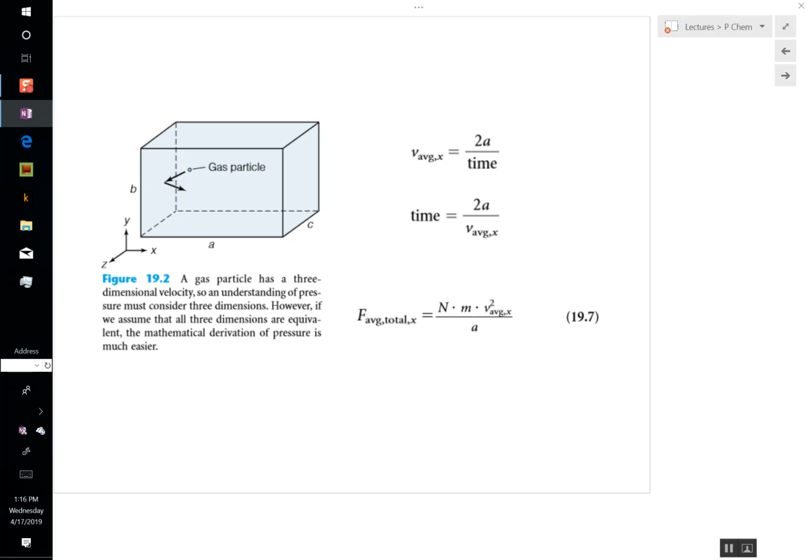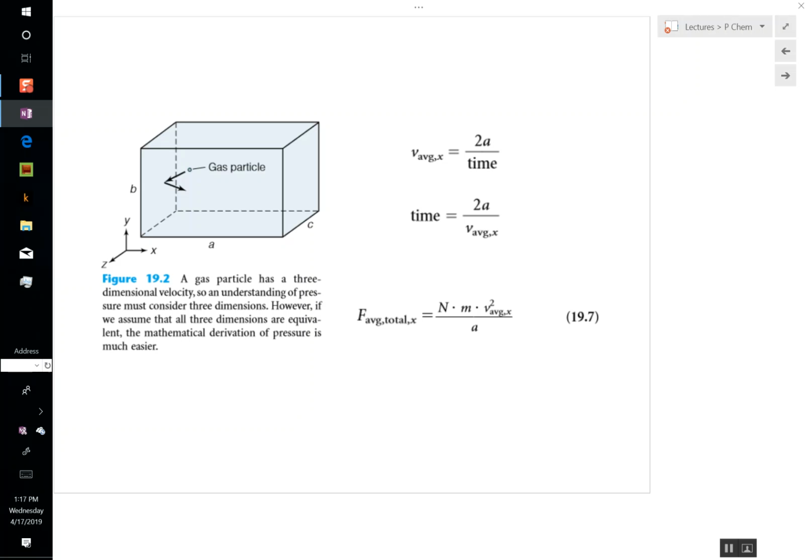And so the V average sub x right there means we're looking at the movement of this particle in the x direction. We're simplifying it, saying, let's just look at one direction because velocity has 3 vectors to it.